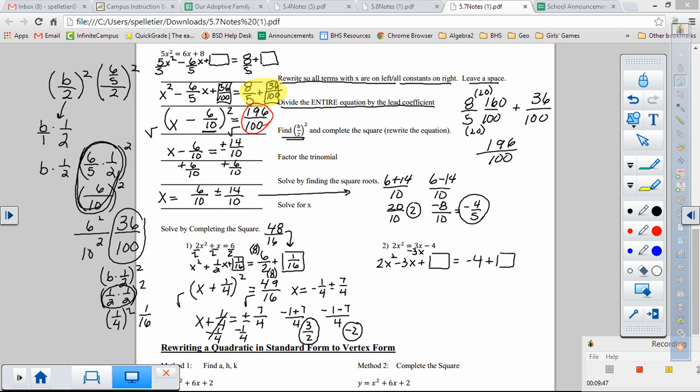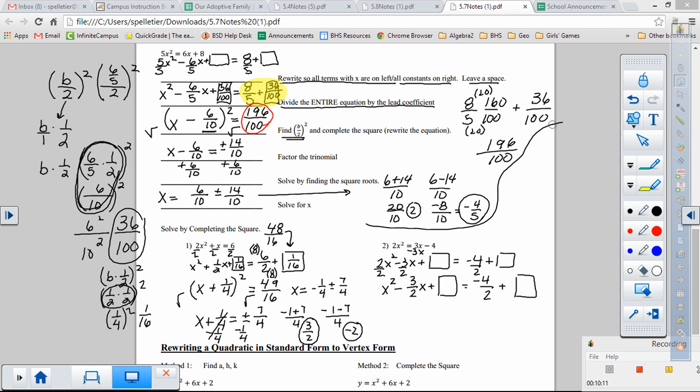And of course I need to divide everything by 2 because the lead coefficient has to be a 1. So x squared minus 3 over 2x plus, there's my last term. And again, I know it's tempting to tell me that that's equal to -2, but leave it as a fraction for now.